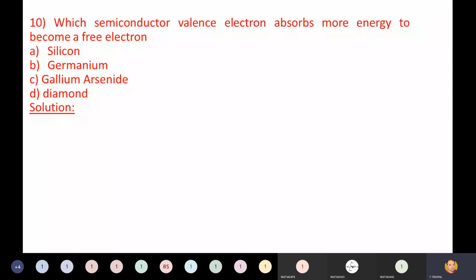Take this problem. Which semiconductor's valency electrons absorb more energy to become a free electron? Find the answer.